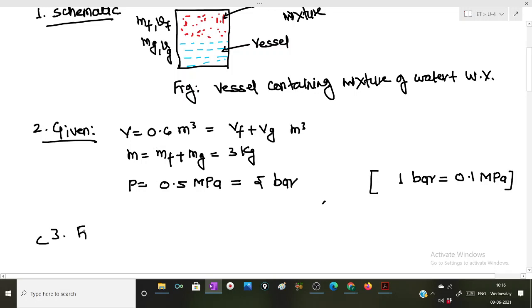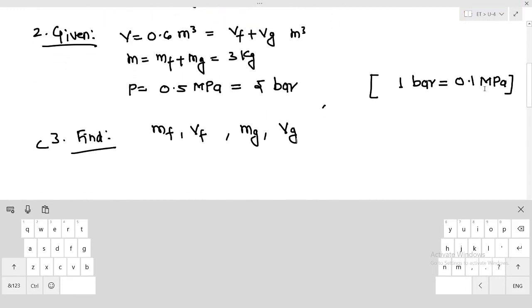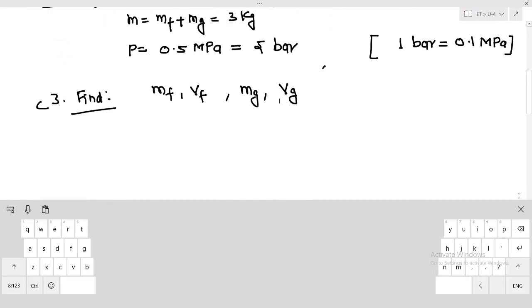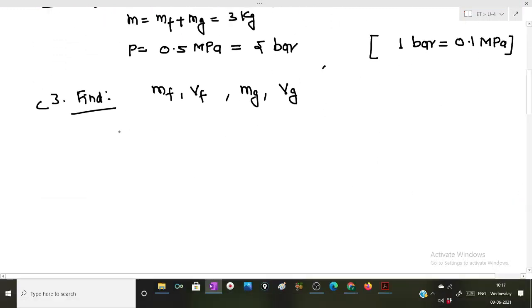Now what are we supposed to find out? We are supposed to find out mass of water, total volume of water, mass of water vapor, and total volume of water vapor. So let us do the required calculations.